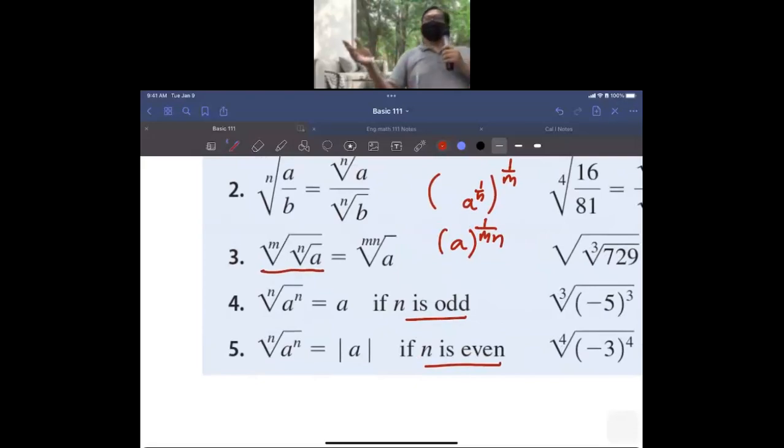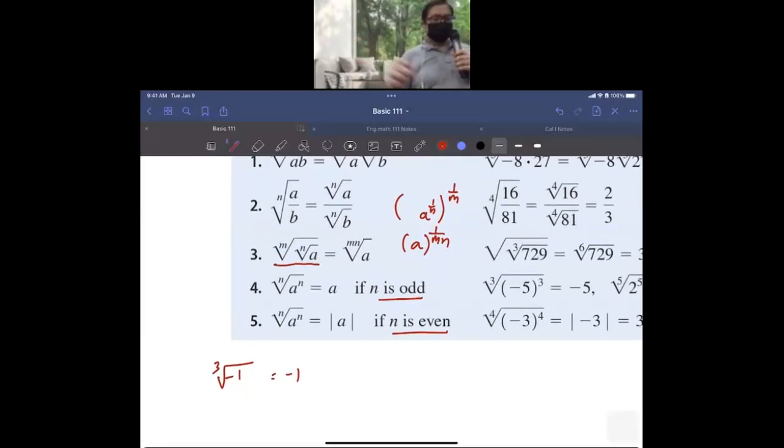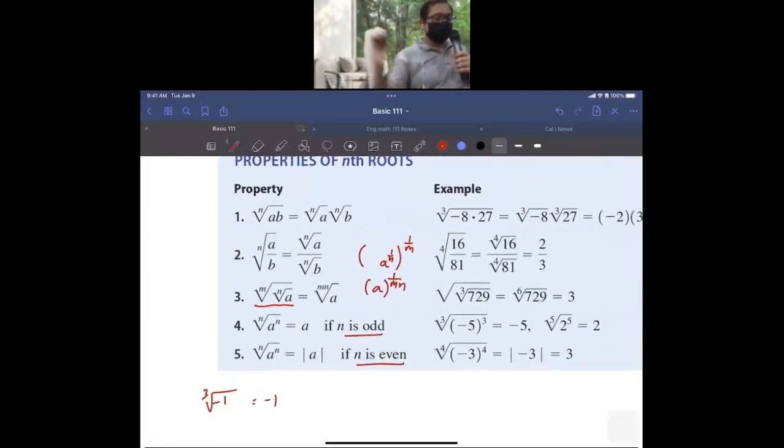And of course, if n is odd, then negative will not be a problem. So if we have -1, but this is 3, this is still -1. This is a little bit detailed, but perhaps this will be important later on.